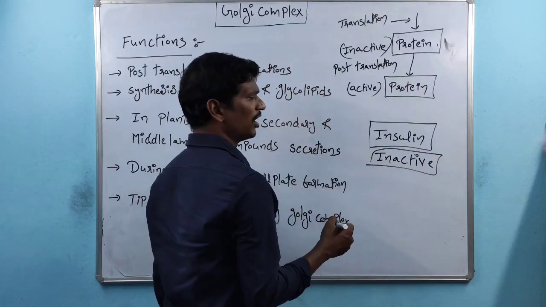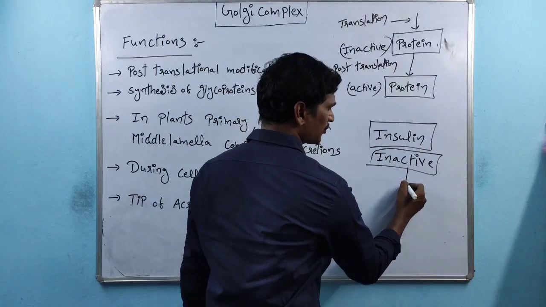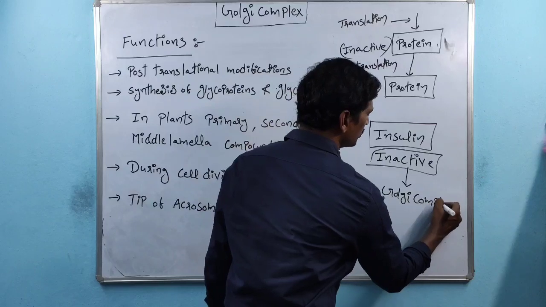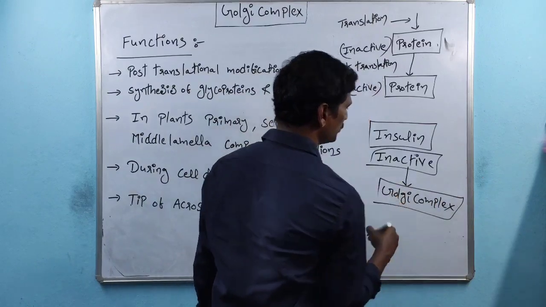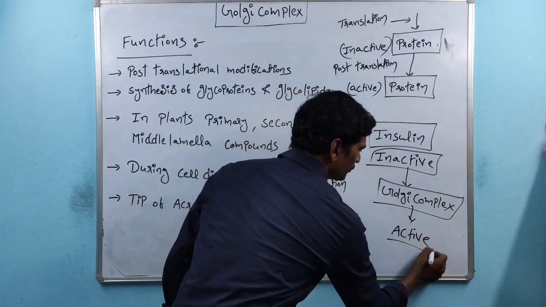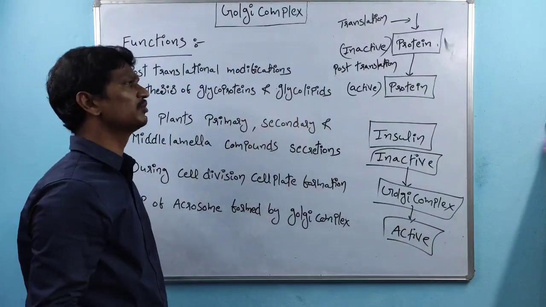Once the inactive insulin hormone enters the Golgi complex, it is converted into the active hormone.